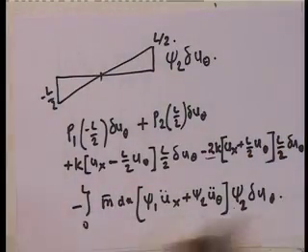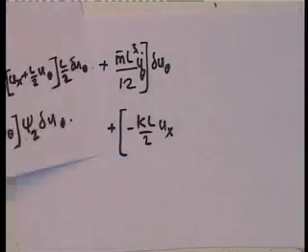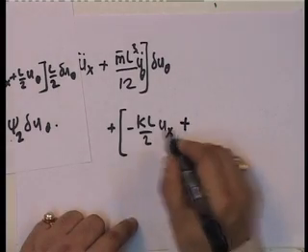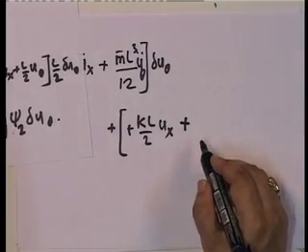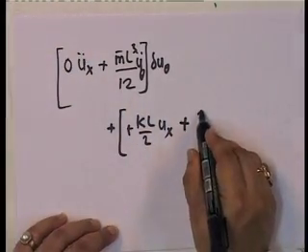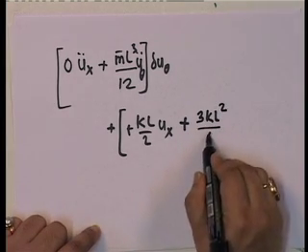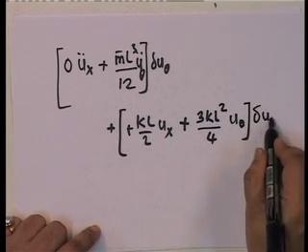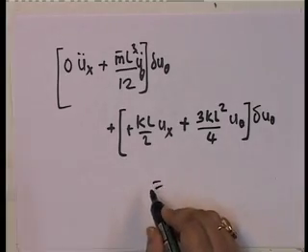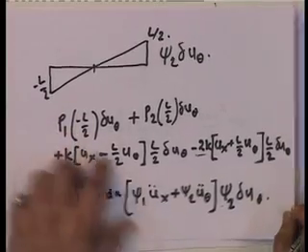And if I look at this one going back, this one again is on the other side. So, if I put it on the other side, I get it equal to plus k L by 2 and this one becomes 3k L squared by 4 u theta into del u theta is equal to, now this is on this side, so it becomes P2 L by 2.